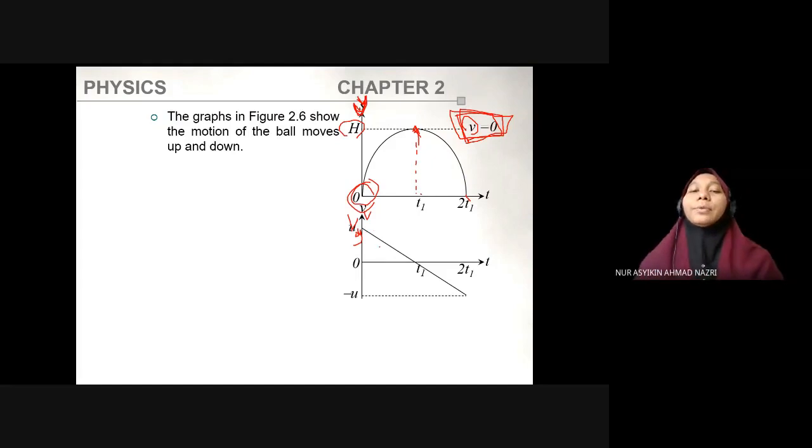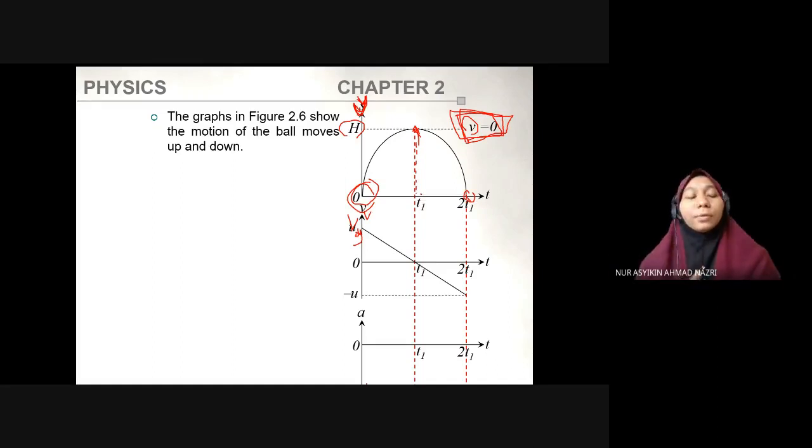So because dia menurun tu sebab dekat sini same value of velocity but again in opposite direction. Okay, and then what happened to acceleration? Acceleration again constant acceleration which is negative G. So sentiasa ke bawah je. Okay, so dari satu masa ke masa yang tu memang dia akan ada gravitational acceleration. That's why the movement akan naik dan turun macam tu je.